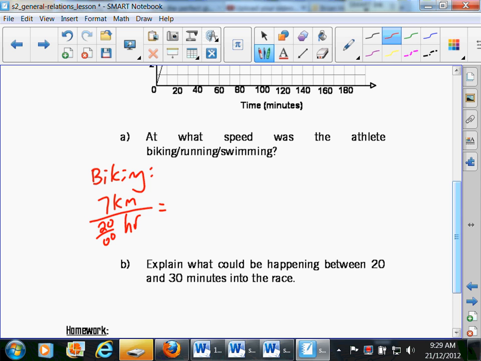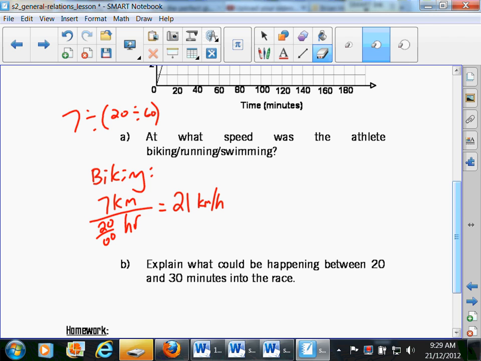You'd probably type it in as 7 divided by 20 divided by 60. That'd give you 21 kilometers an hour. Okay, for biking. Oh, doesn't want to give me, that's odd. Oh well. Alright, let's try that one again.